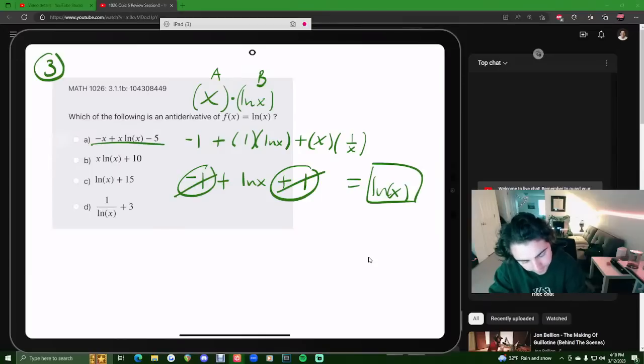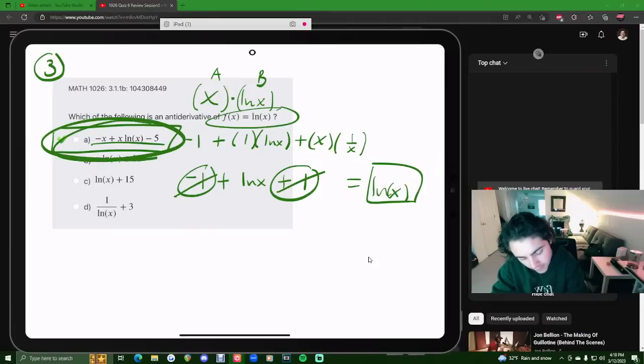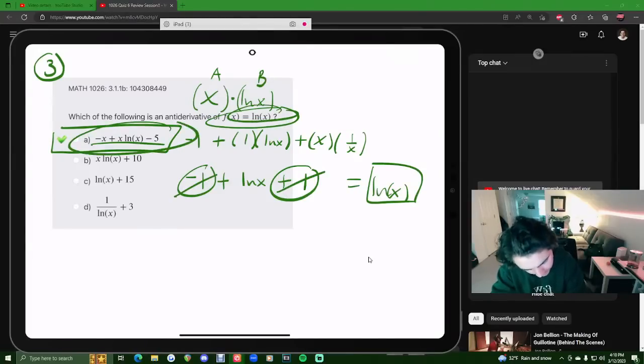So it turns out taking the derivative of the first function gives us ln of x, which matches the function they gave us. And so since we took a derivative of A to get ln of x, then an antiderivative, a reverse derivative of ln of x is this, option A.